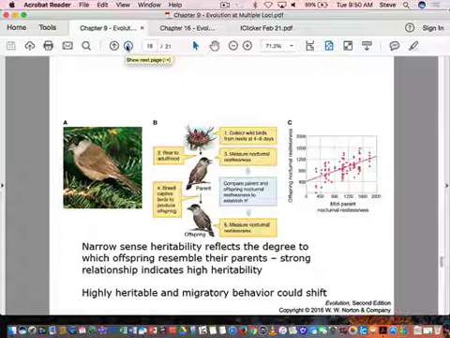And let's say you never see anything like this in nature, but let's imagine you had something like that, and you don't know the scale and everything, but this would be a case where the offspring values almost exactly correspond to the parental values. What do you think the h squared would be in that case? Yeah. So that's going to be the case where that slope is equal to 1.